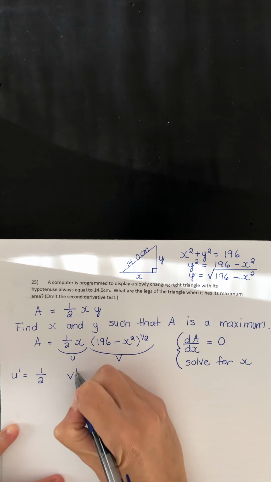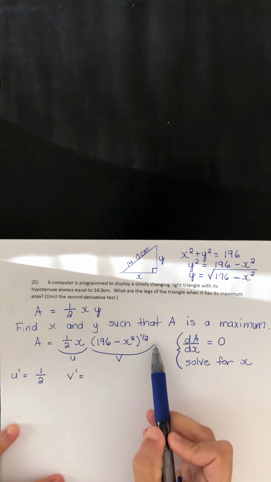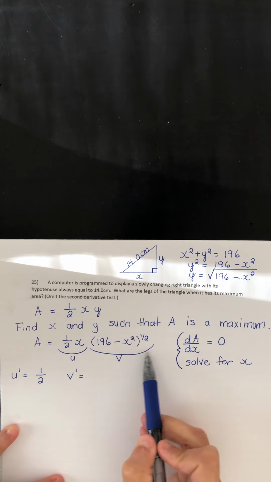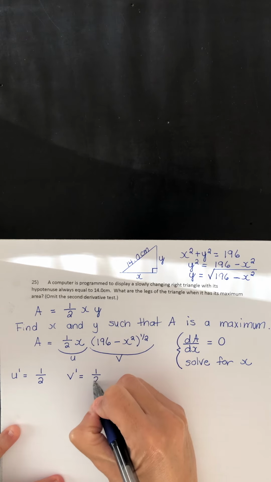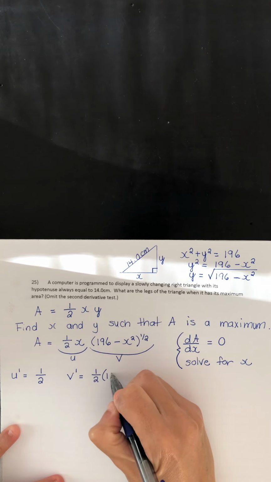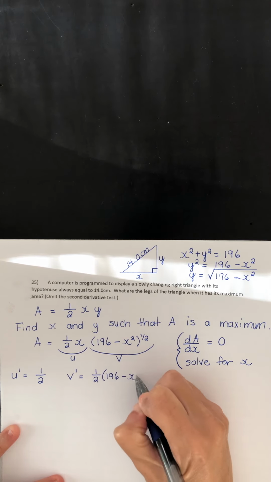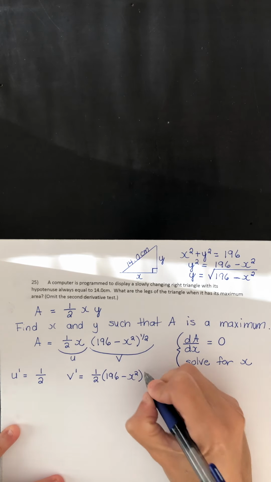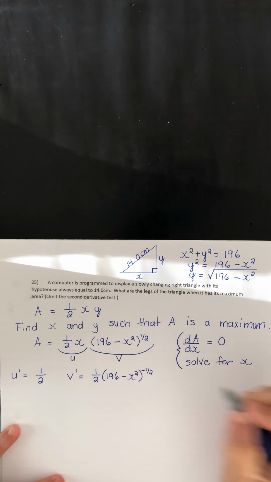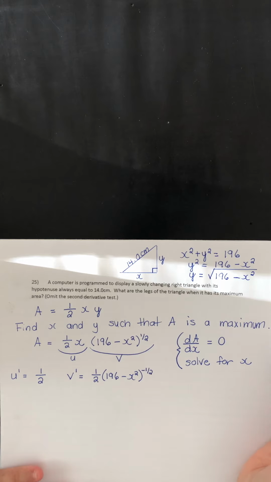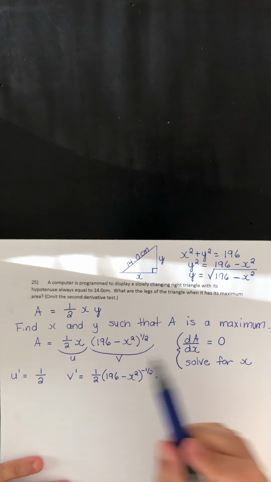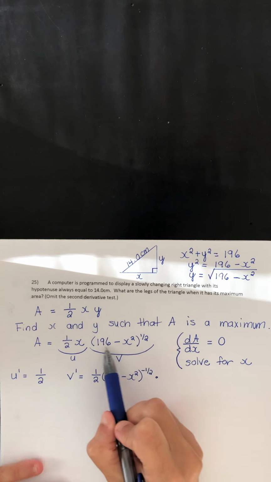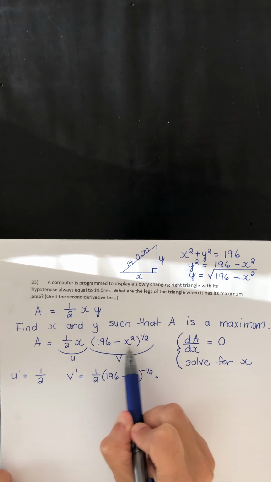Now what about v prime? Well, v requires the chain rule. So the half comes forward. The new exponent is -1/2. That's, of course, 1/2 minus 1. And don't forget, you have to multiply that by the derivative of the inside of the bracket.